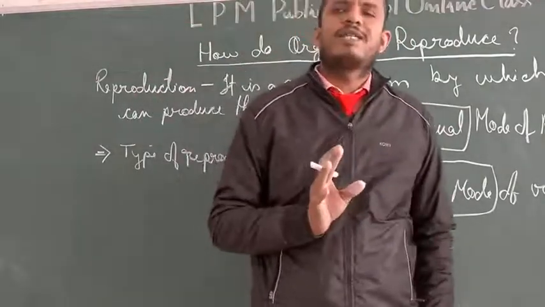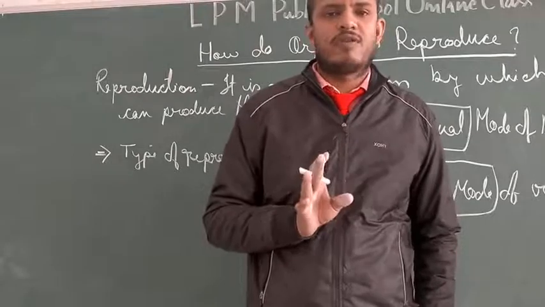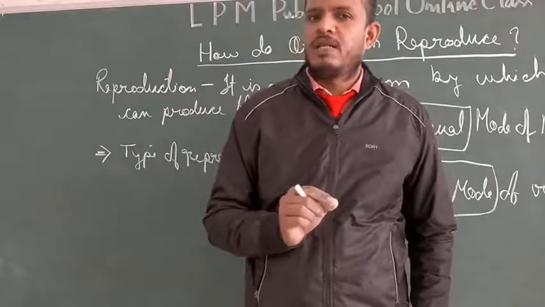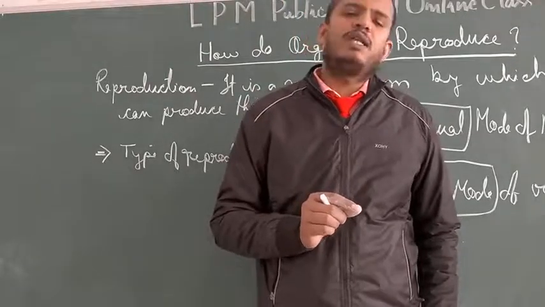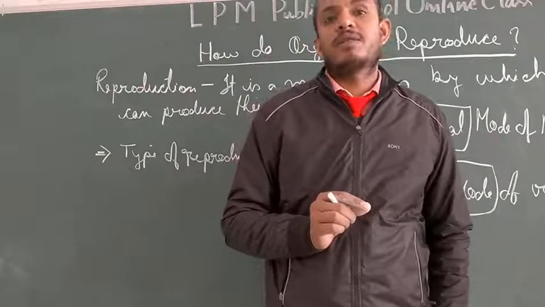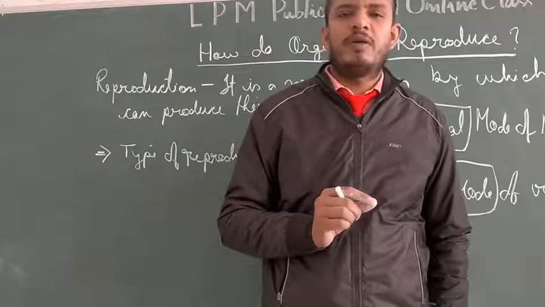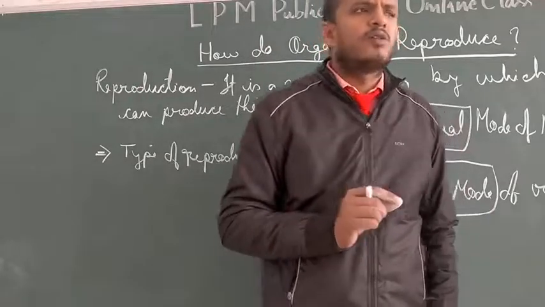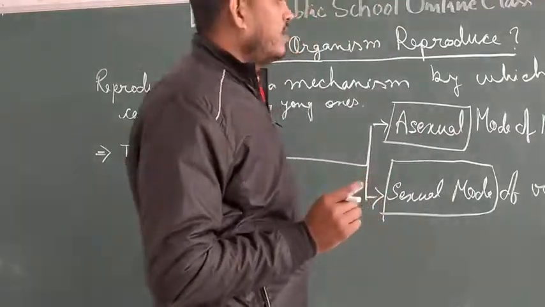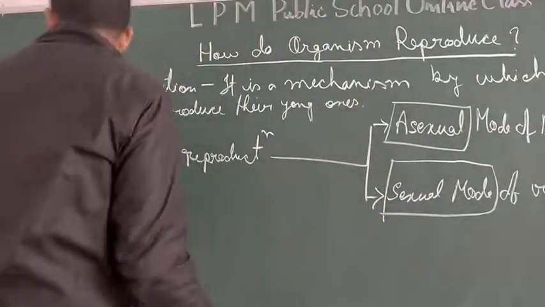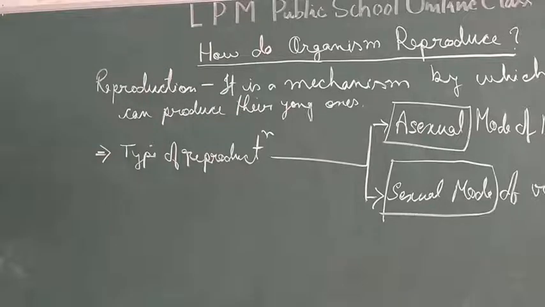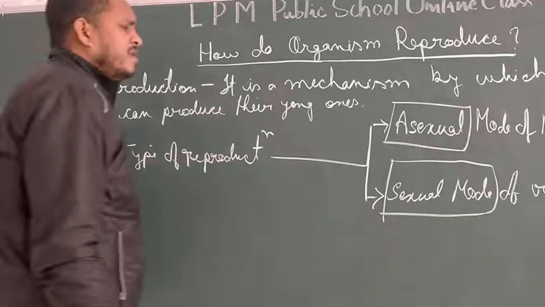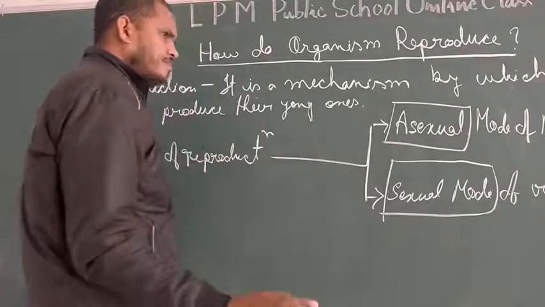If an organism is following the asexual mode, why is it following asexual, and if it is following the sexual mode of reproduction, what is the reason behind that choice? Very simple thing I want to explain to you.